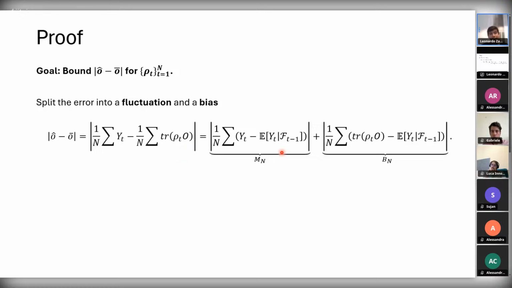Then we add and subtract the conditional expectation of the truncated estimator, and we use the triangle inequality. This is the deviation of the truncated estimator from its average, so it's some sort of fluctuation. And this is the deviation of the average of the truncated estimator from the true quantity we want to estimate. So it's a bias. And the idea is to make these two things as small as possible.